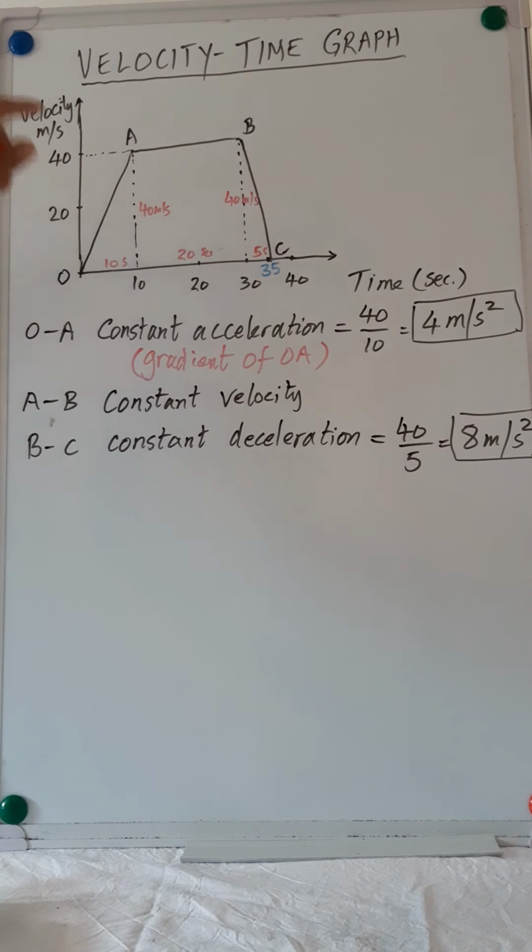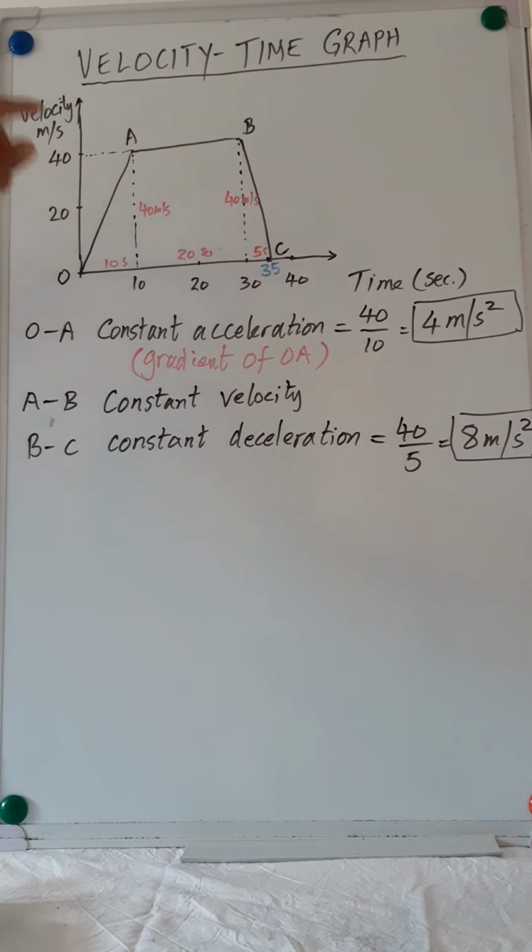If I rearrange the formula, and instead of speed we say velocity, distance is equal to velocity times time.